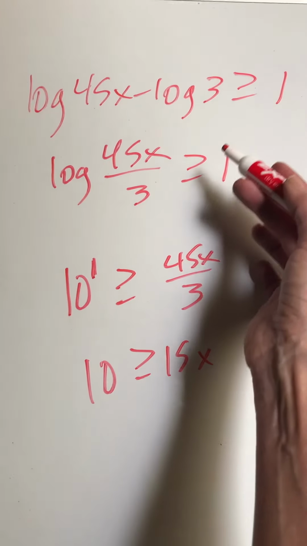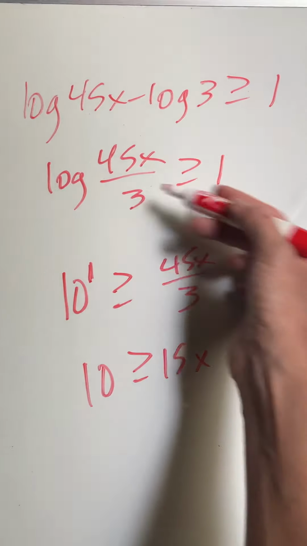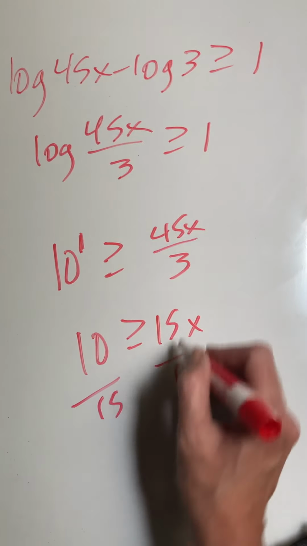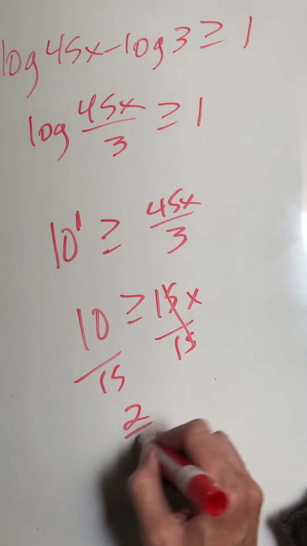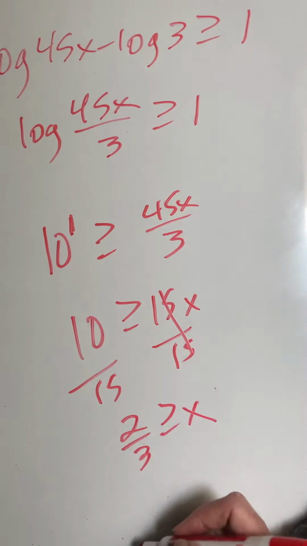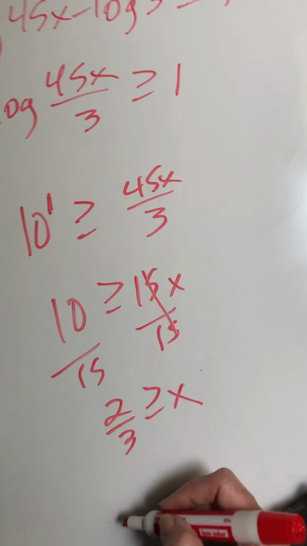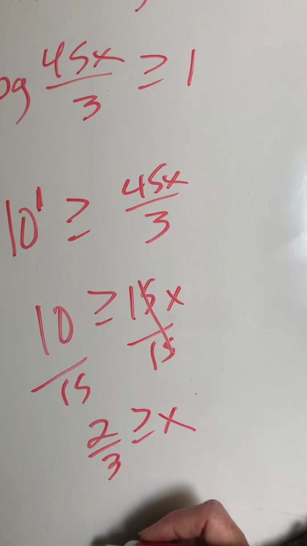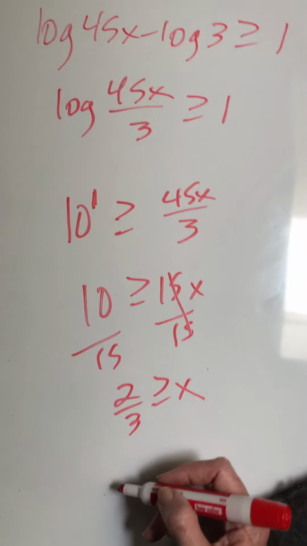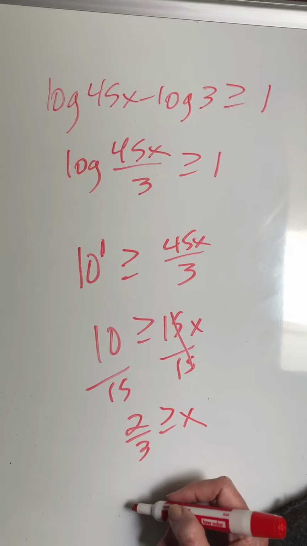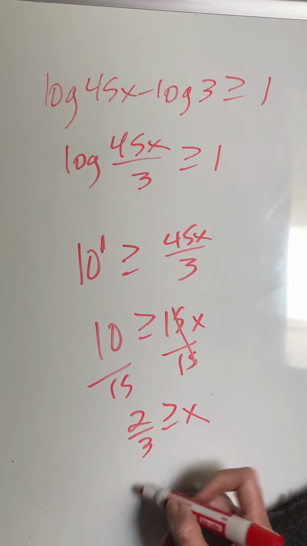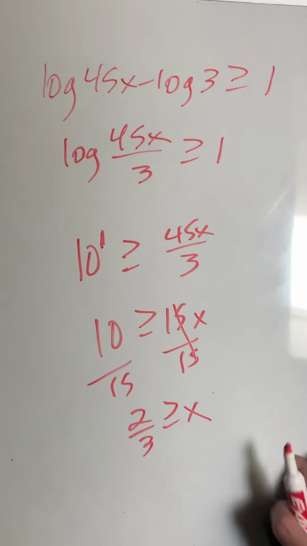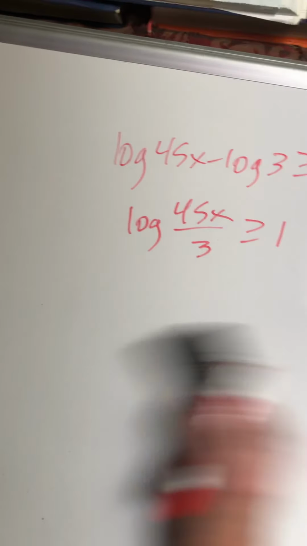Right, so again, you switch the exponent and the argument. Just switch. Do not switch that inequality. So I divide by 15. So that's 2 over 3. So I guess, okay, let me come back up here.